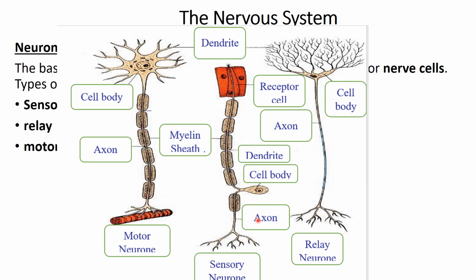Okay, then we have the axon, which is all this. Okay, then the relay neuron, the cell body is just like the one for the motor neuron, and of course dendrites, then the axon. Okay, so we're going to look at each type of neuron, its features, and what it does, which is different from the others.